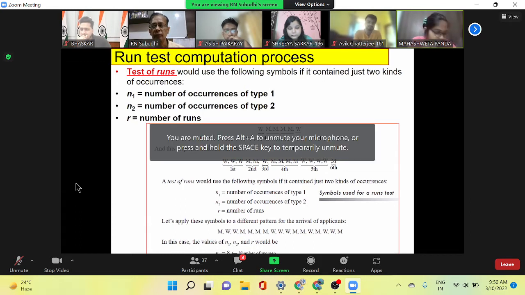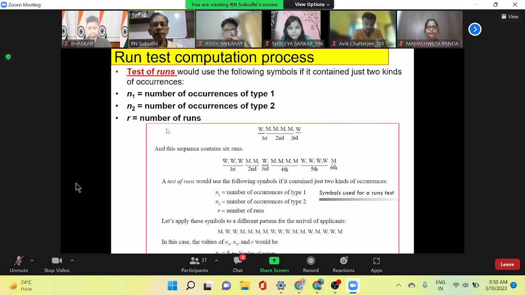Yes, in the first case there is only one man, so it is 1, then two women, it is 2, then again men, 3. In this way, you will get 9 in total.